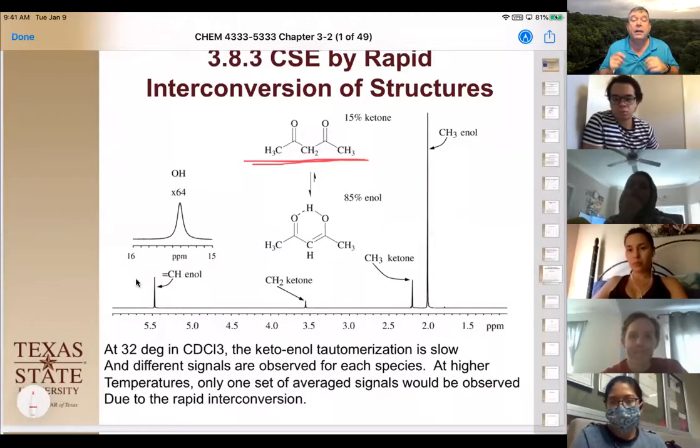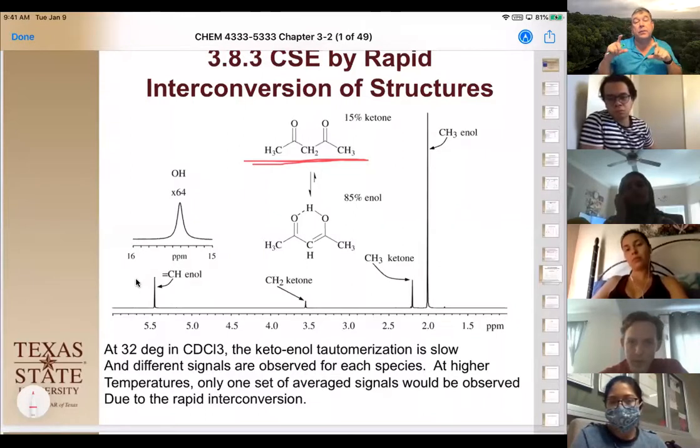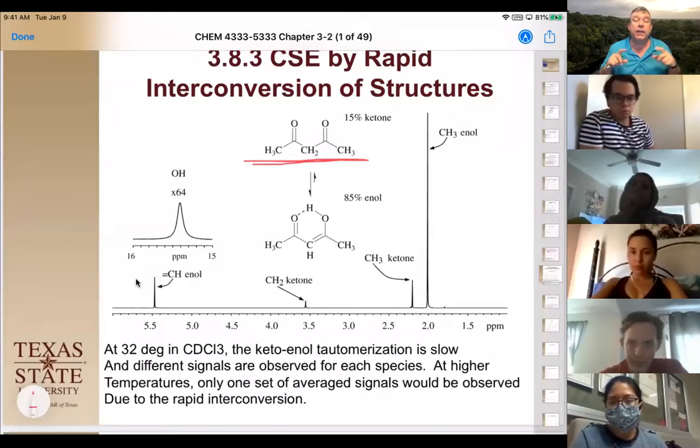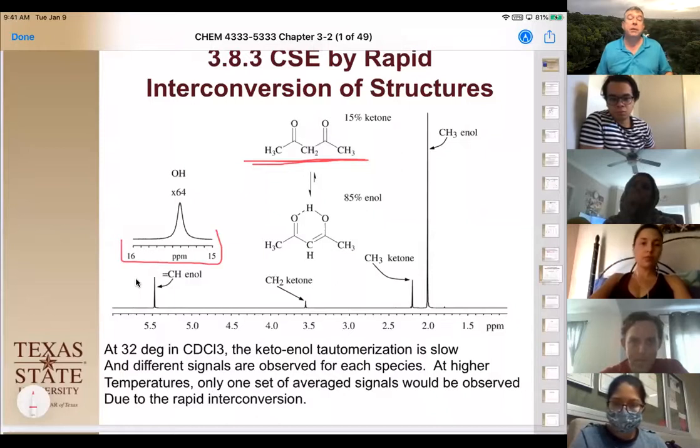Now, when it switches to its enol form, it's got a hydroxide on it, it's got an alkene on it, and it's got a ketone that is hydrogen bonded to that enol alcohol. Now, because of that hydrogen bonding to that enol alcohol, and the fact that it's partially bonded to that carbonyl, it's actually shifted way high, above 15 ppm.